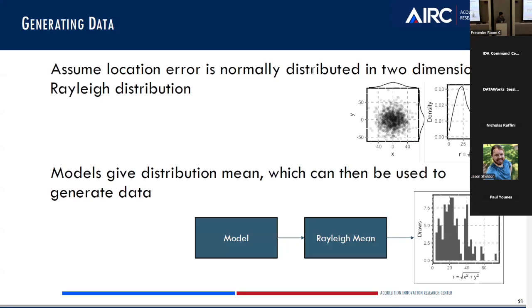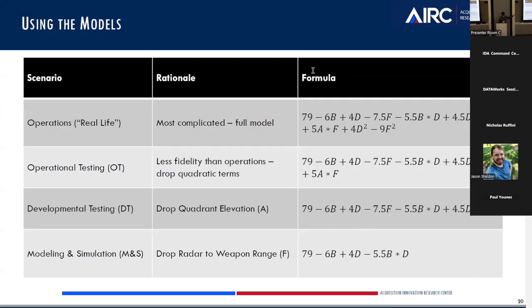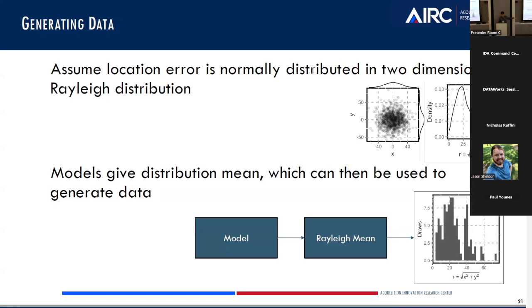Okay, and then just some nerdy stuff. We're going to use these models to represent the mean of a Rayleigh distribution, from which we will then draw to simulate point of origin error, basically the error in how far away the radar's estimate was from the actual target.